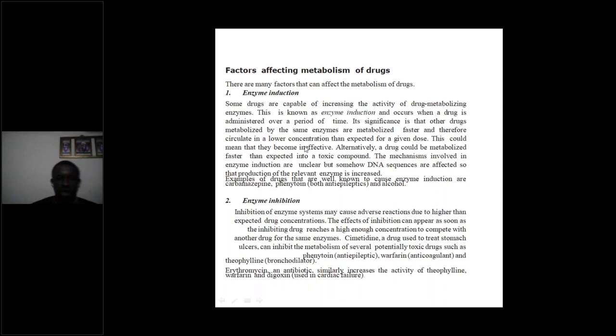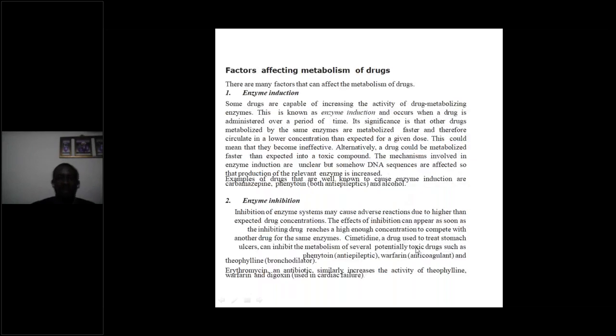So what are the factors that affect metabolism of drugs? Okay, enzyme induction, the kind of enzyme that is acting on the drug, okay, so we impact on it. Number 2, enzyme inhibition. We also have inhibition of the enzyme system. So there are times enzymes will induce drug metabolism, there are other times they will inhibit it.